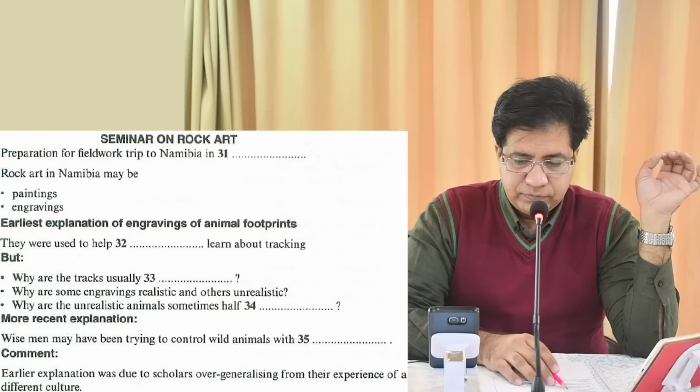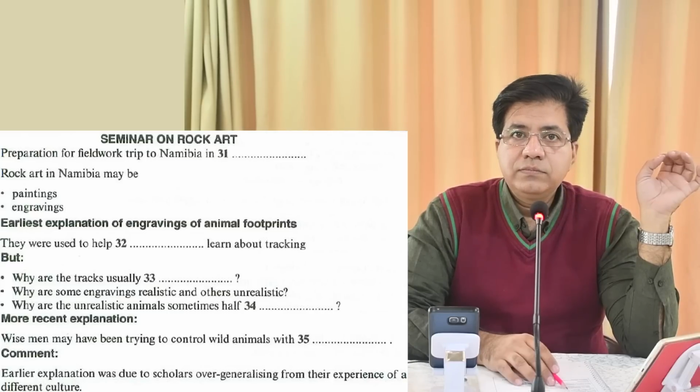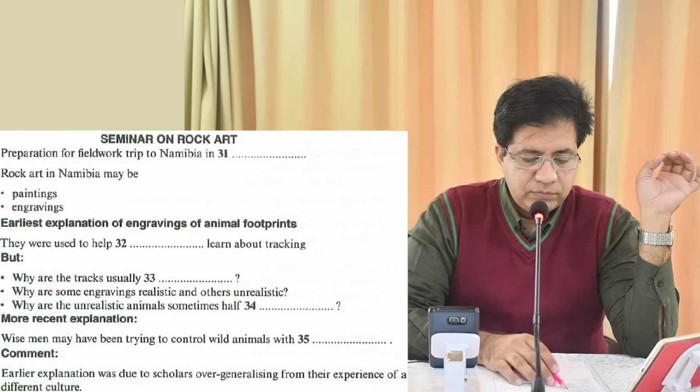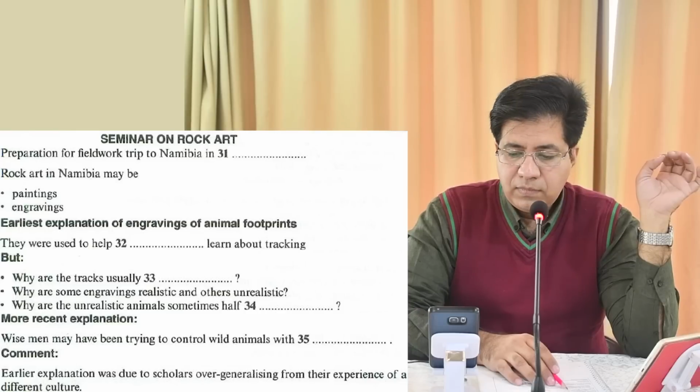In Namibia, there are both paintings and engravings. That's where the surface of the rock is cut out. Many of the engravings show footprints of animals, and most scholars used to think that the purpose of these was simple and obvious. This rock art was like a school book with pictures to teach children about tracks, which track belonged to which animal, giraffe, lion, and so on.